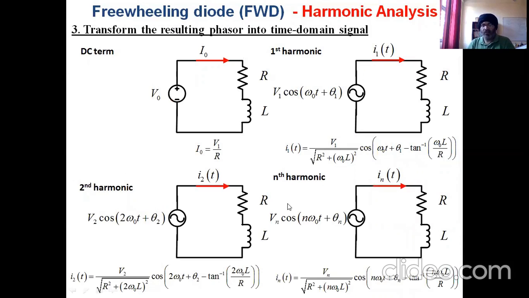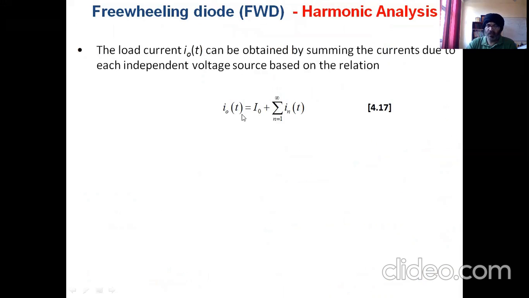And once that is done, we can convert that back into the time domain, again coming back to the sinusoidal form. And then we can easily find out, let's say, the first harmonic content in current I1(t). This is the first harmonic present in the current signal. Just by calculating these, we can easily find out the magnitudes, and then we can sum all these together to find out the response.